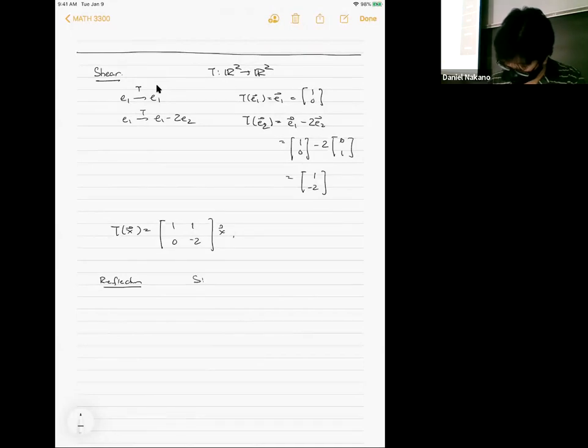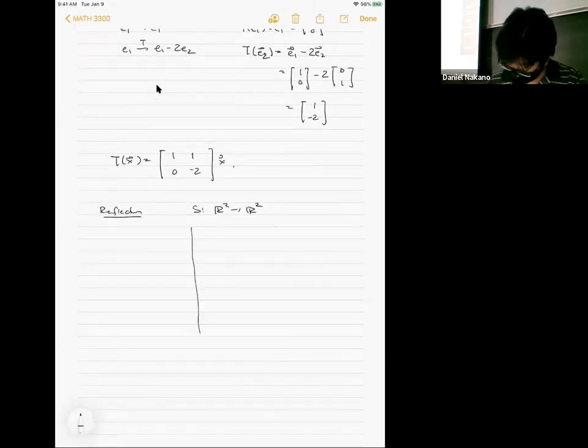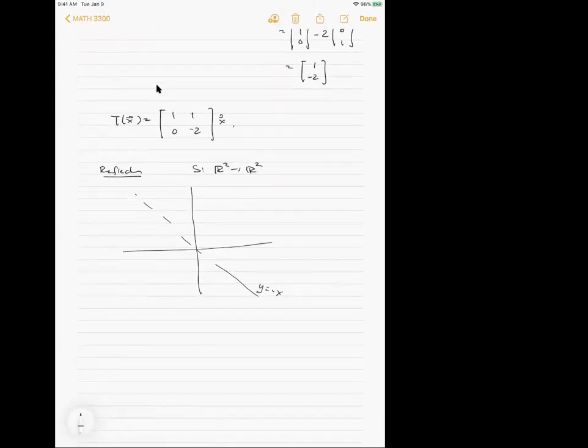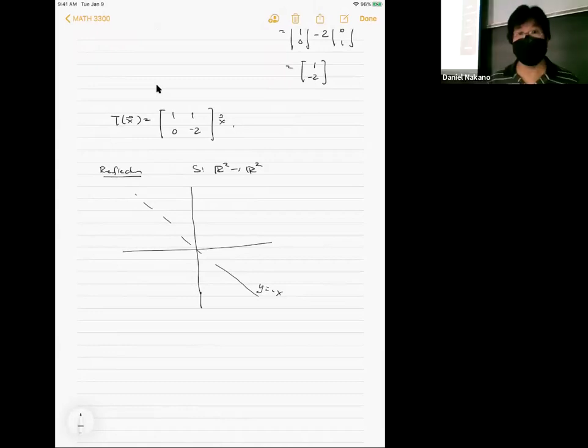Okay. All right, so now I want to do this other thing, this reflection. Let's call this thing S, and it goes from R2 to R2 also. And so what are we doing? I believe we're reflecting over this line, right? So y equals minus x. Is that right? I believe so. Okay. Now, what we need to do is figure out where the standard basis goes. So if I take the vector (1, 0), and that's e1, where does it go under this transformation?